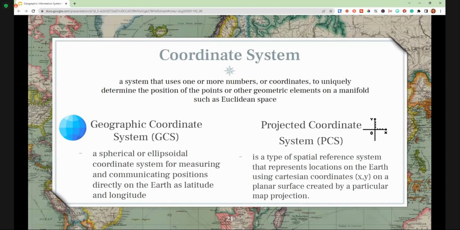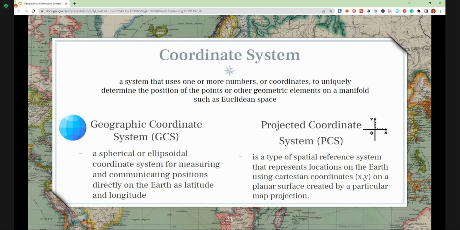So para hindi kayo ma-overwhelm, yung projected coordinate system or yung PCS, as in it represents like the X and Y of your map. And then the geographic coordinate system, it represents this as a sphere. So like sometimes ang unit niya ay in degrees. Kaya if you see like measurements that are in degrees, most likely it's the geographic coordinate system that they're using. And then the PCS would have like the X and Y of your map. So ganun lang siya.